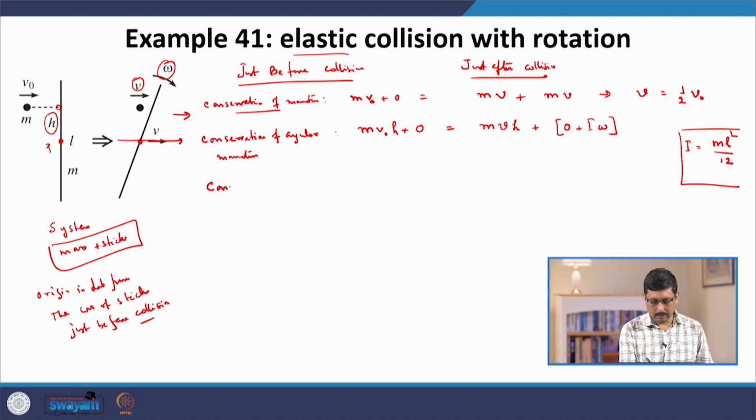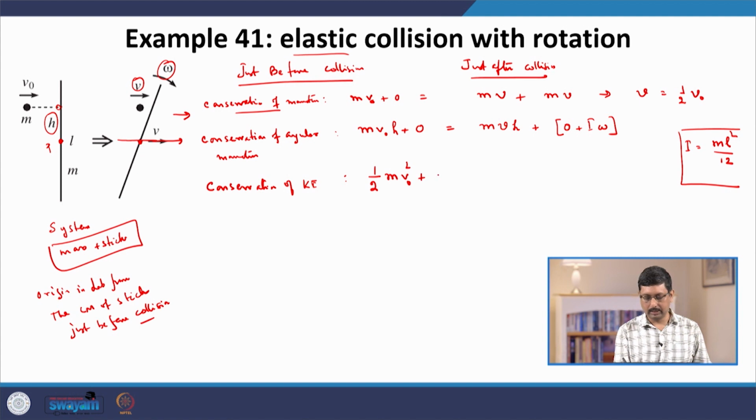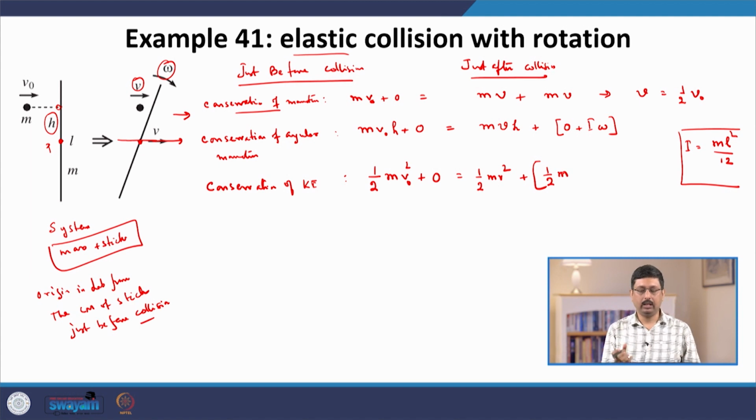The last is the conservation of kinetic energy, because it is an elastic collision. Just before the collision, the kinetic energy of the mass is half m v naught square and the stick is at rest. After the collision, the kinetic energy of the mass is half m v square, and the kinetic energy of the stick has two parts, as we follow our rule, as if the whole mass of the stick is concentrated at the center of mass, which is moving to the right with velocity v.